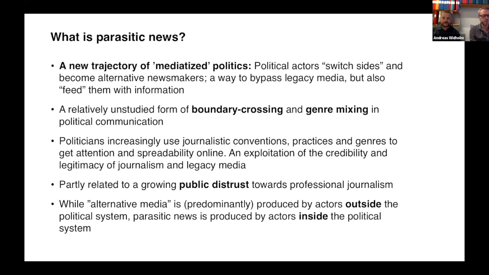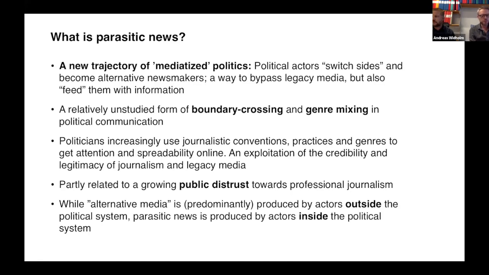It is related to the constant broadening of politicians' communicative repertoire as they adapt to an increasingly digital and social media ecosystem. More specifically, parasitic news manifests itself in an increased use of journalistic conventions, practices and genres in political communication to get attention and spreadability online.